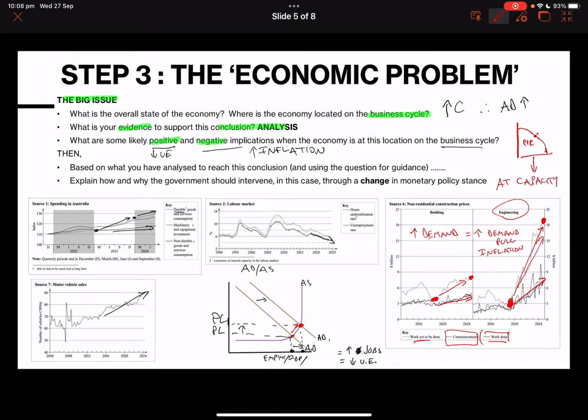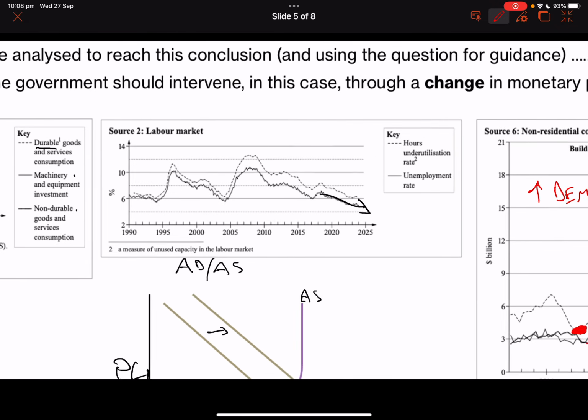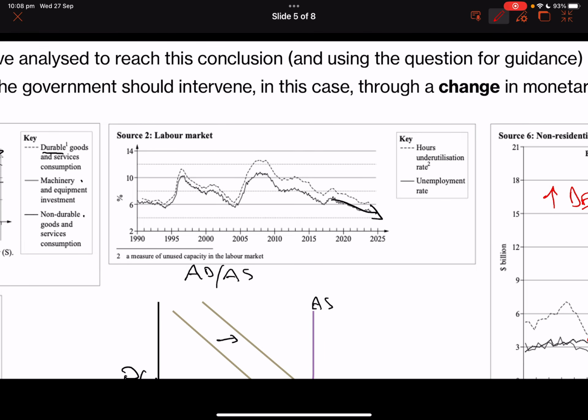And if we think back to our labour market now, we're seeing that the labour market unemployment rate is about 4%. Some of you picked up on that. 4% is the NAIRU at the moment in Australia. Roughly 4 to 4.5% equals the NAIRU.